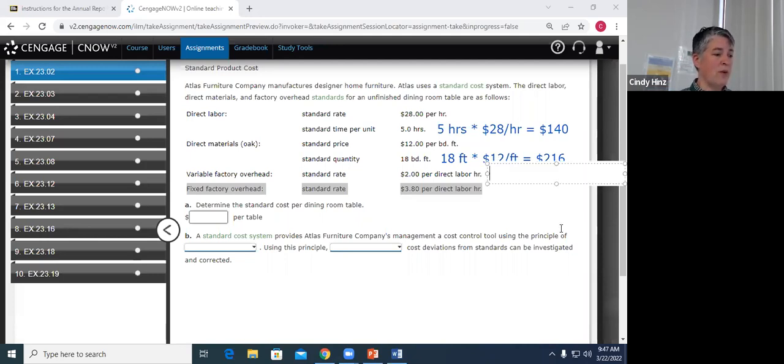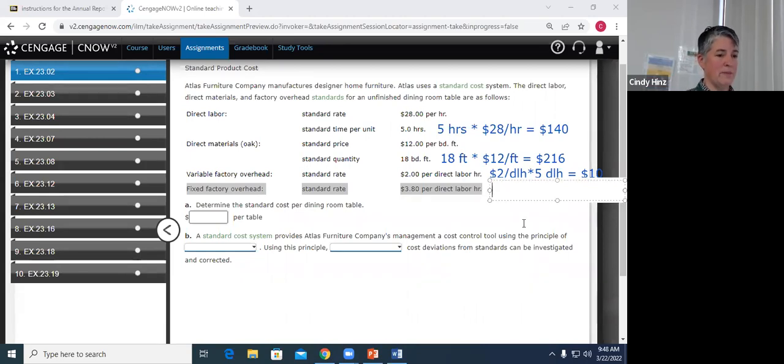Moving on then to our variable factory overhead, you can see that our rate standard is $2 per direct labor hour. And we expect 5 direct labor hours. So we're going to assign $10 in variable factory overhead to this table: 5 direct labor hours at $2 per hour.